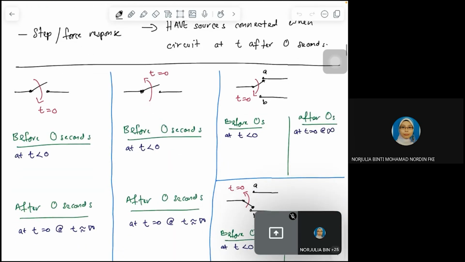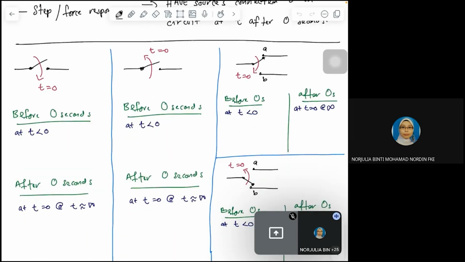As we know, a transient analysis circuit always contains switches, whether one switch, two switches, or a combination of double pole and single pole switches, and so on. Before you can analyze the circuit, you should know where the switches are located after t equal to zero and before t equal to zero.